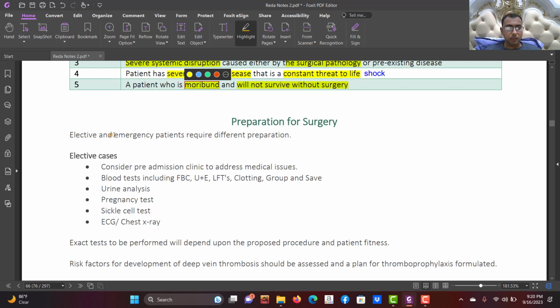Another group is emergency patients, who require different preparation. We have a small time period and have to manage as early as possible, so in that case we have to skip some investigations and take decisions quickly. That's why the preparation pattern is different for that group of patients.